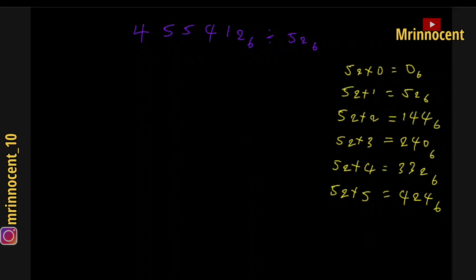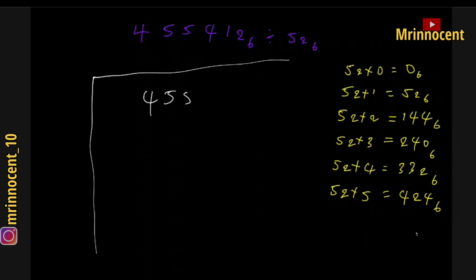Let's go back to our question. So you have 455412 divided by 52. 52 divided by 4 cannot. 52 divided by 45 cannot. 52 divided by 455.